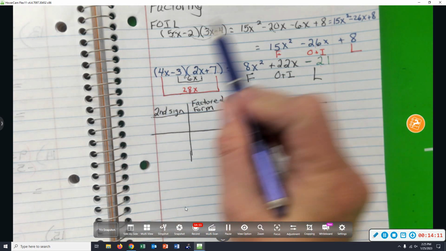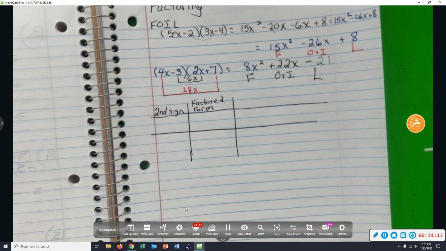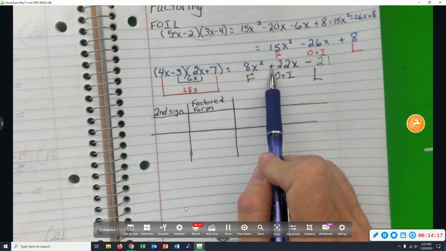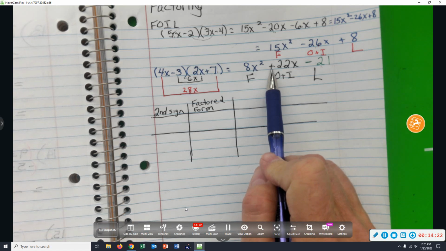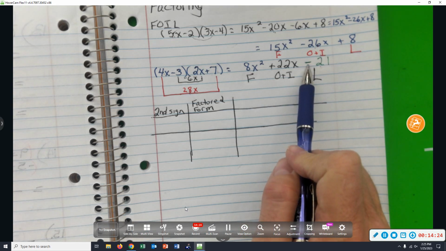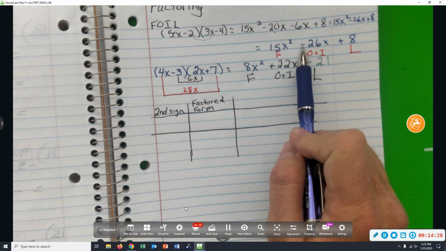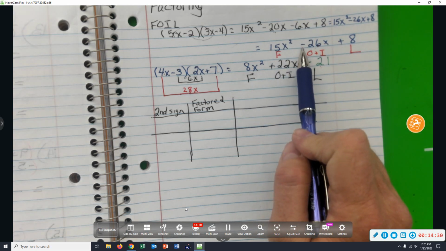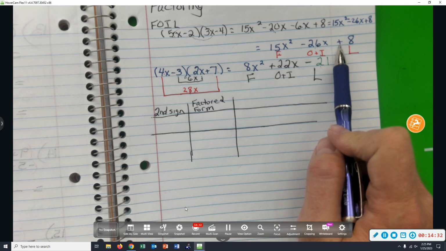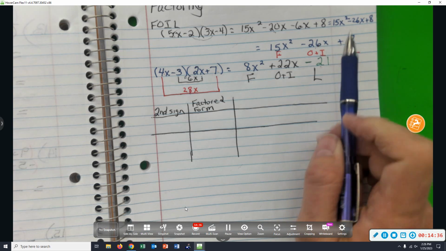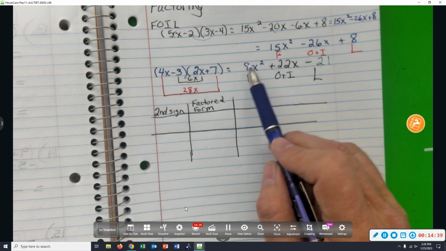If you're trying to go backwards, by the way, when I talk about the second sign, I'm calling the symbol I'm pointing to right here in front of the 22 the first sign, and this symbol the second sign. Like right up here, the first sign would be a minus in front of the 26, the second sign a plus in front of the 8. If you're thinking, what if this first number were negative?